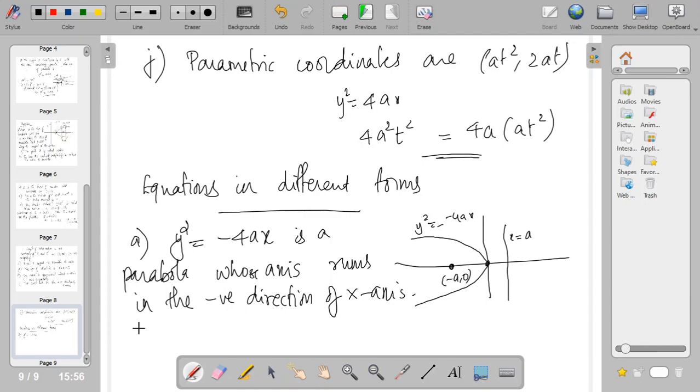So the curve is towards the negative x-axis and the focus is minus a, 0, and the directrix is x equal to a. So that is the parabola which is opening towards the left side.